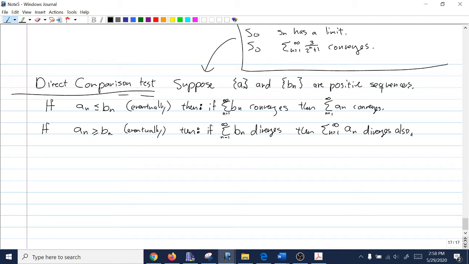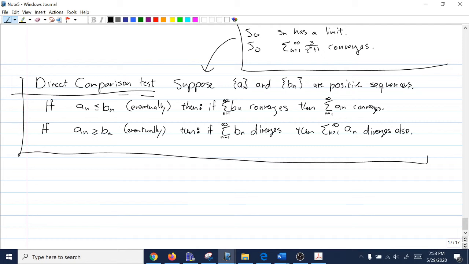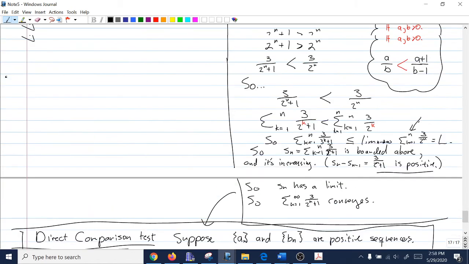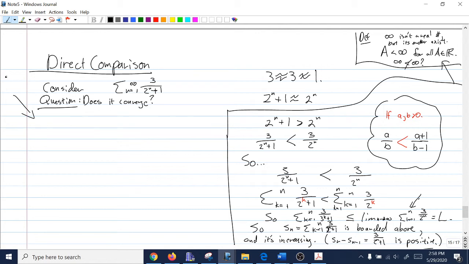If you're smaller than finite, you're finite. If you're bigger than infinite, you must be infinite. And yeah, you can see these have to all be positive for this to make sense. This is direct comparison. That's the thing we were using just then. How would I write out a usage of the direct comparison test?